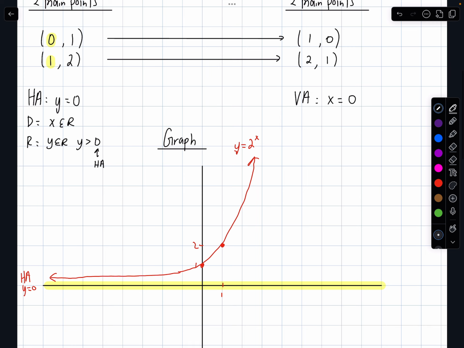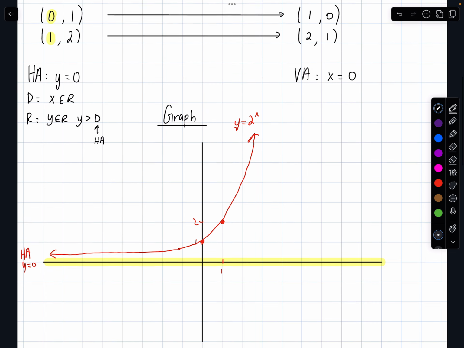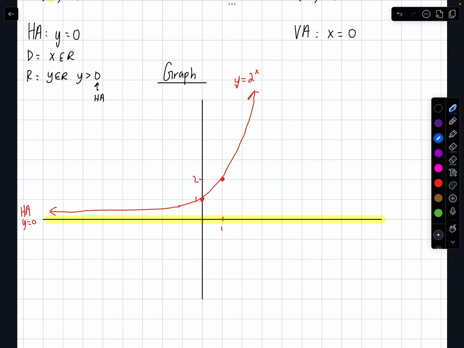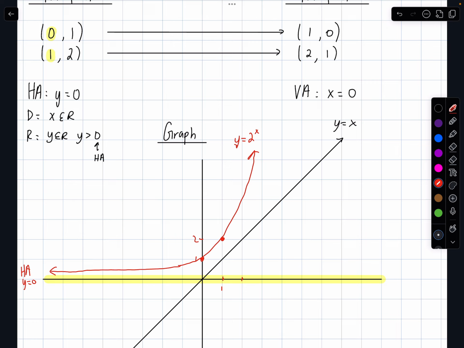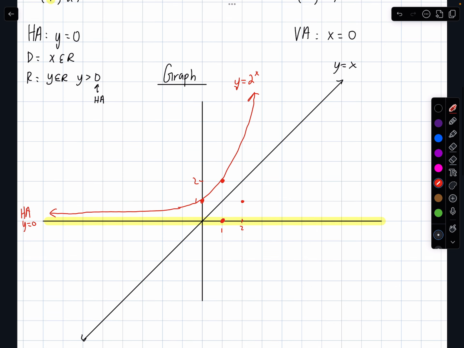Okay, let's look at the inverse now. We know from functions that the inverse of a function is reflected over the line y equals x. We also have the 2 other points, (1, 0) and (2, 1), and the vertical asymptote is at x equals 0.